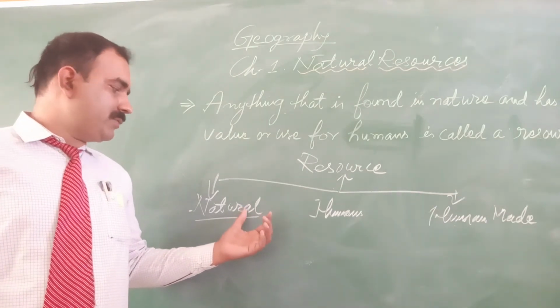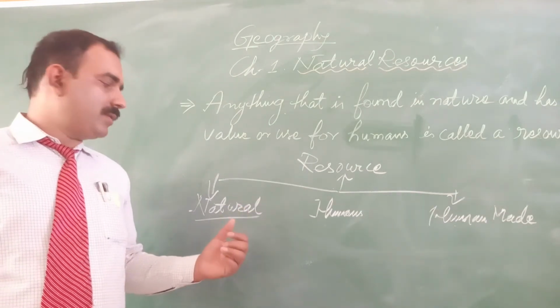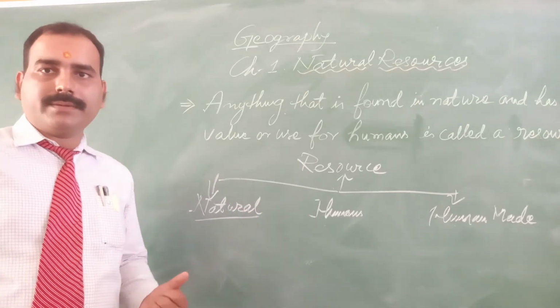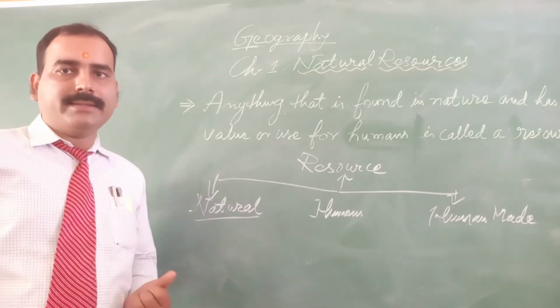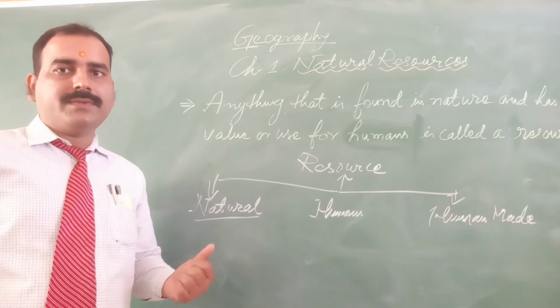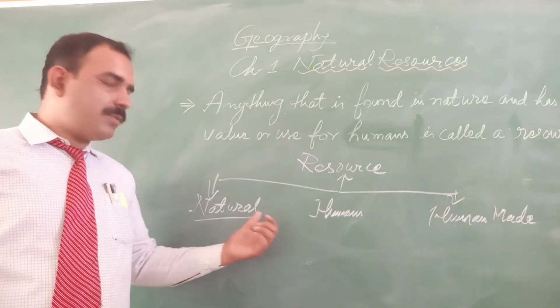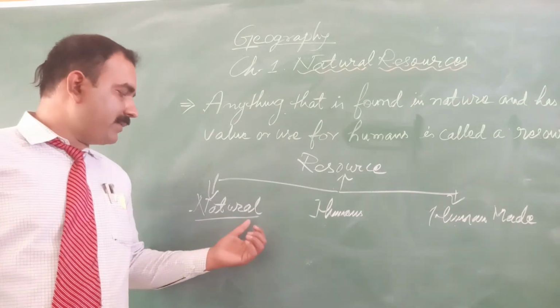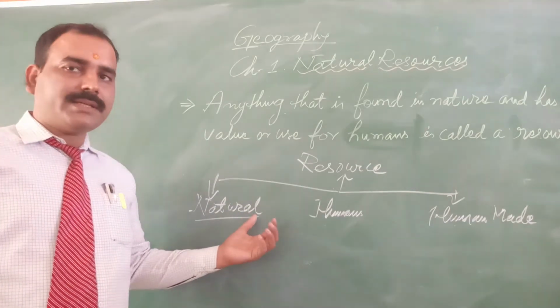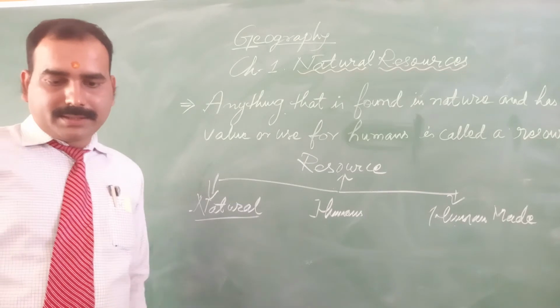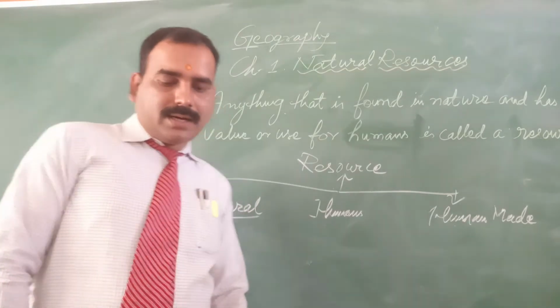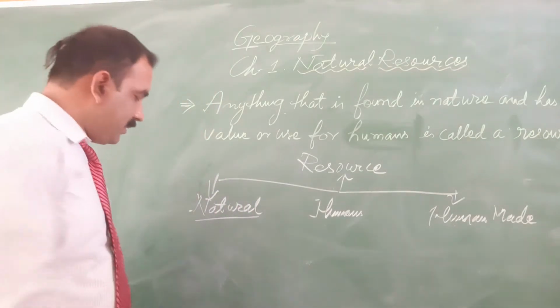For example, water, air, sunlight. These are the resources which occur naturally, and they support the existence of life on the planet Earth. So these resources are called natural resources.